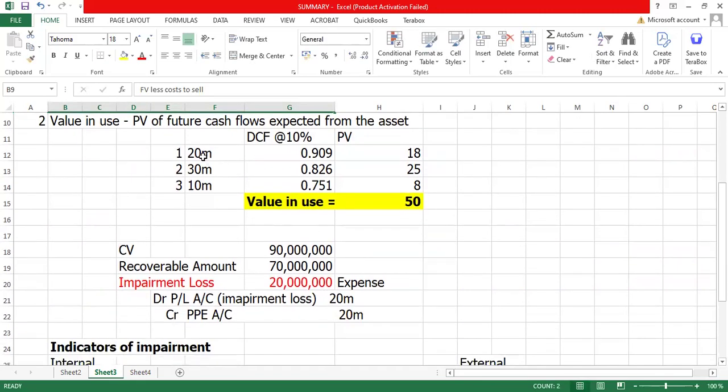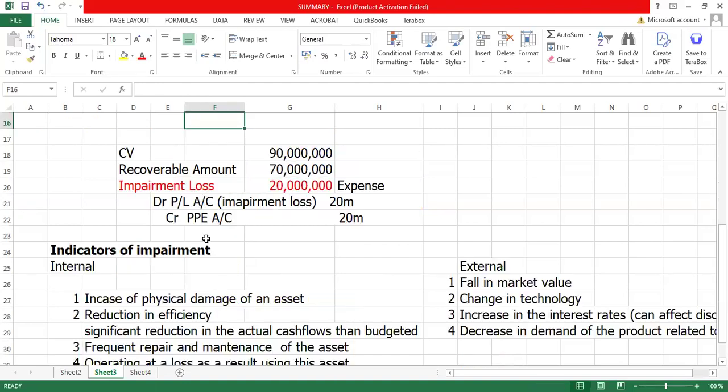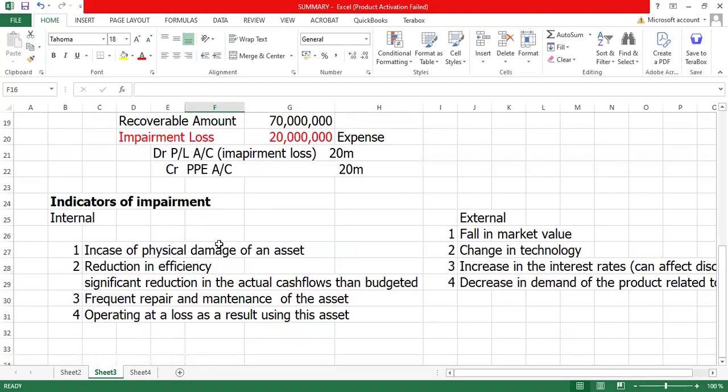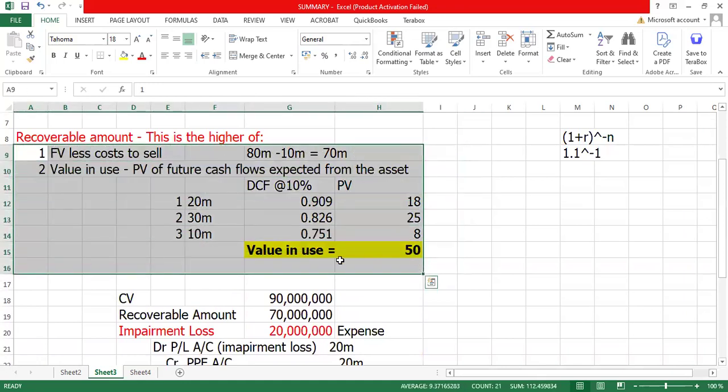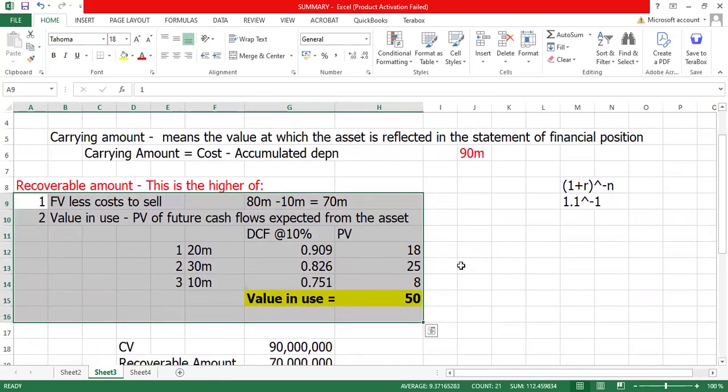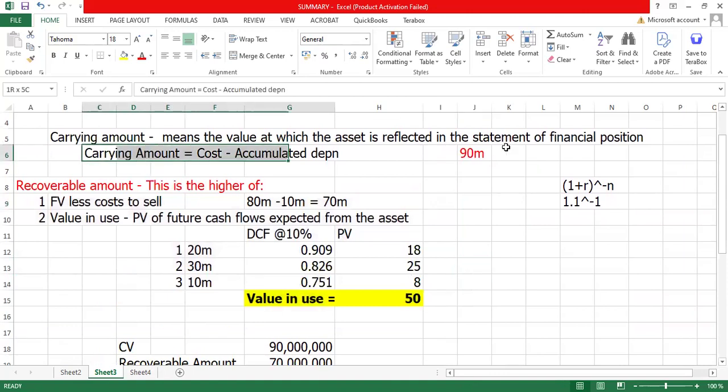It can also affect what you expect to receive, your expected cash flows. These ones can reduce. Okay, so remember, every time these figures are reducing, it means that at the end, you'll get a lower recoverable amount, which is lower than the carrying amount.